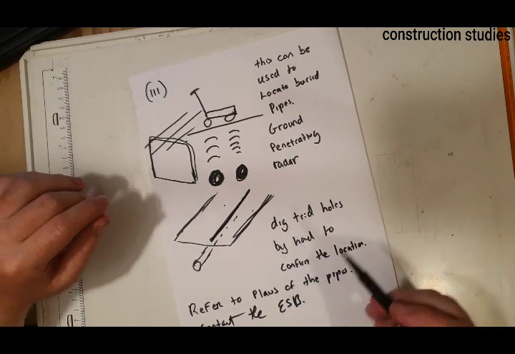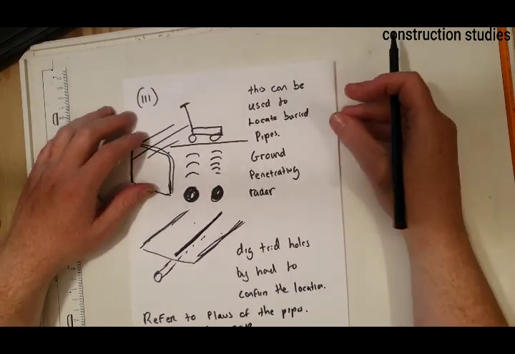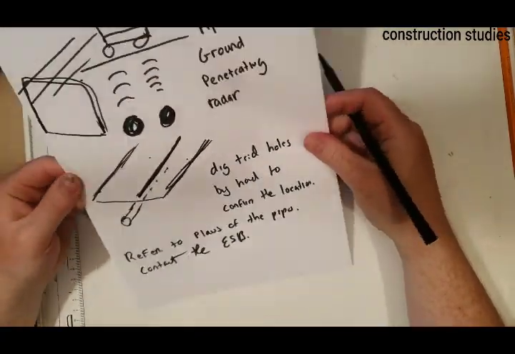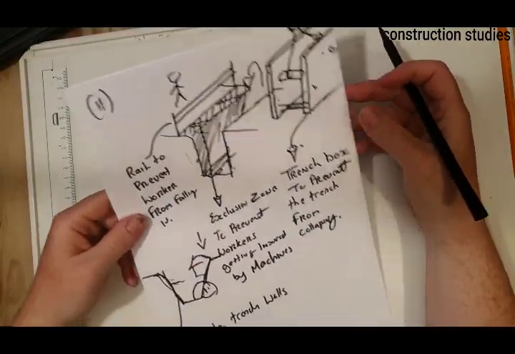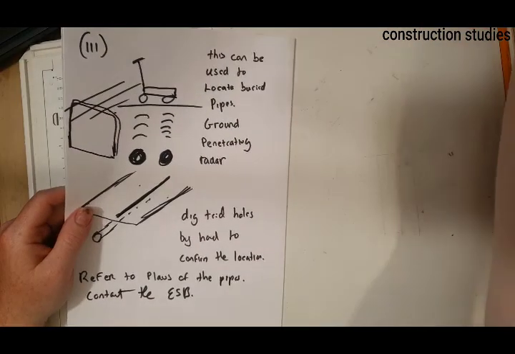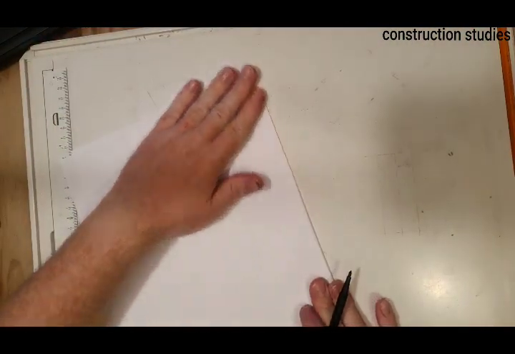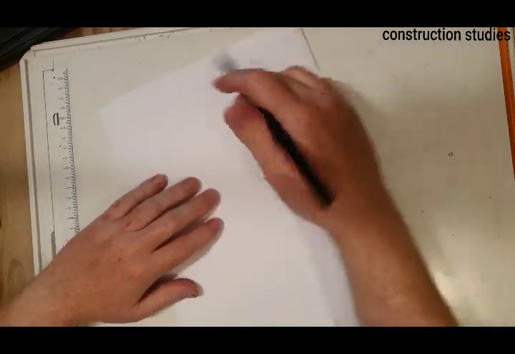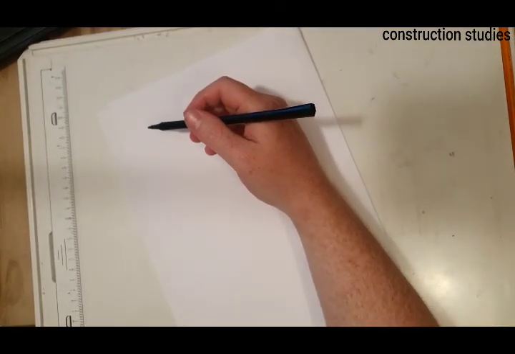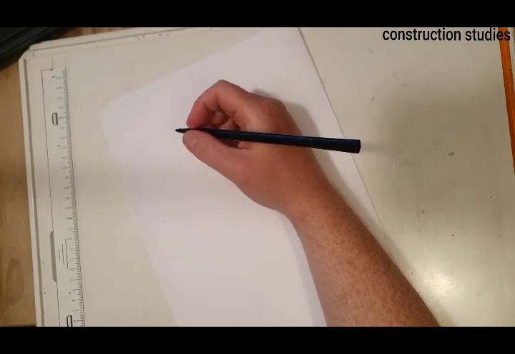And then we're nearing the end of it now. So on to part C. And there'll be less sketches in part C. Usually part B is where the sketches are. So part C. 2 reasons why younger workers are more vulnerable to accidents.